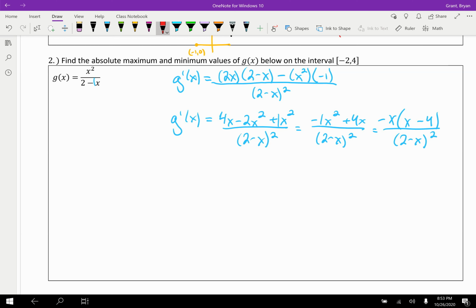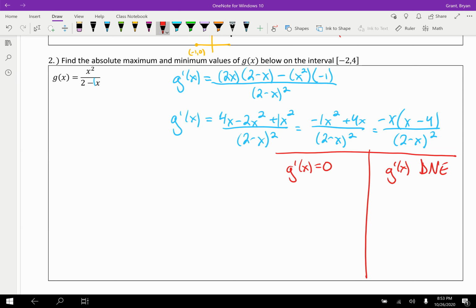Okay. Critical points occur at 2 spots, and I am going to use space for both spots this time. They occur when g prime of x equals 0 and when g prime of x is undefined. And I was pretty confident there'd be a value that will make g prime undefined because look at the denominator, right?